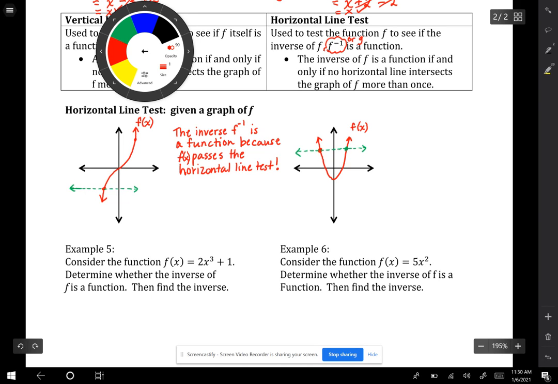Therefore, the inverse is not a function because f of x does not pass the horizontal line test.